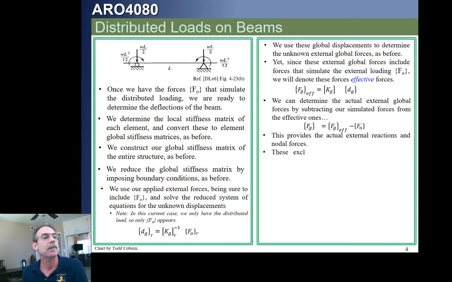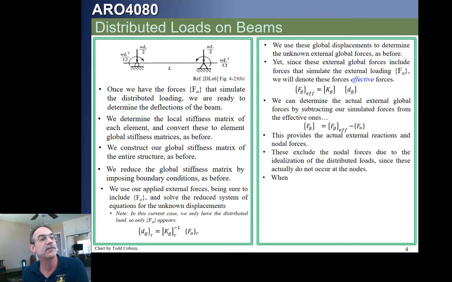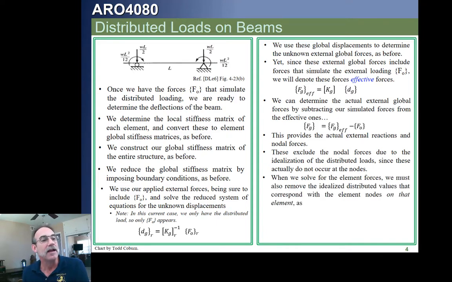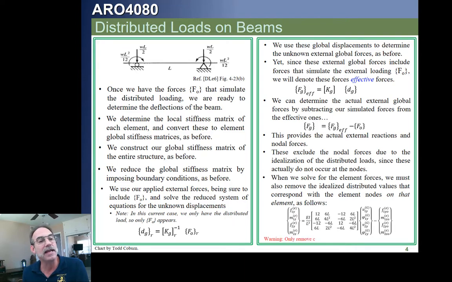Okay, this will give us our external reactions and nodal forces. Now, since these exclude the nodal forces due to the idealization, we're going to modify our next part of the procedure by solving for our element forces. We're going to use the global displacements at each node times the global element stiffness matrix.